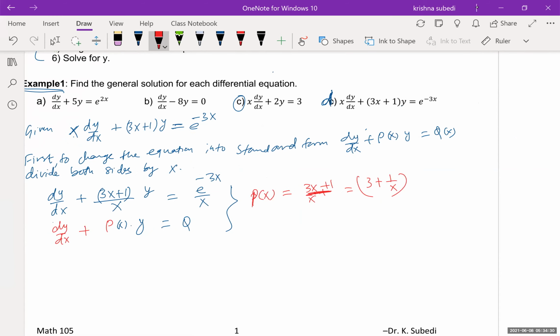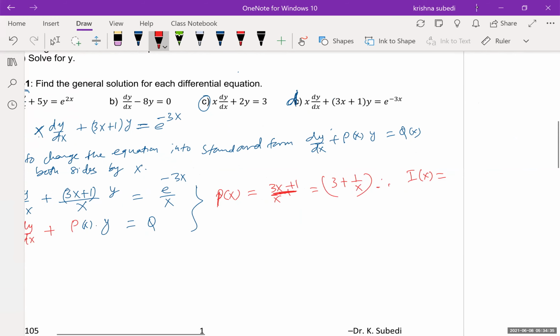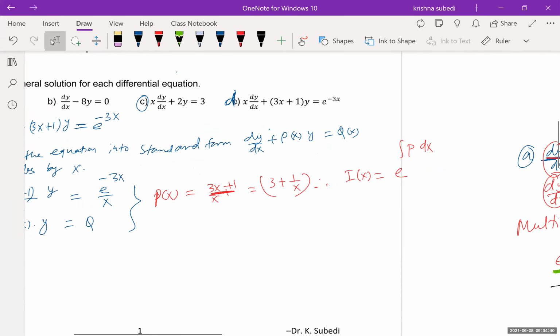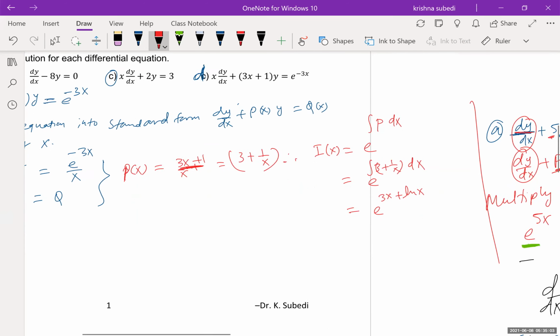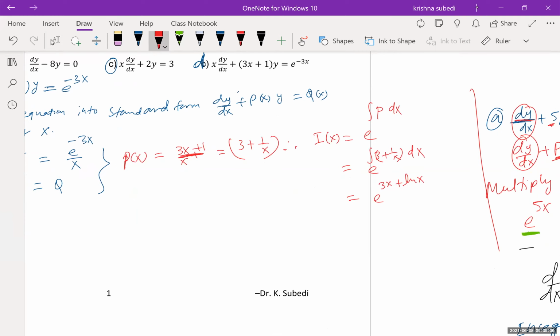Therefore, the integrating factor will be e raised to power integral of p dx. That's the formula, which means e raised to power integral of (3 plus 1 over x) dx. So that's going to give me e raised to power 3x plus ln x. This looks really interesting, isn't it?